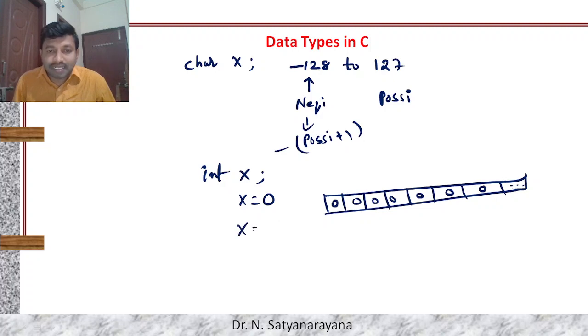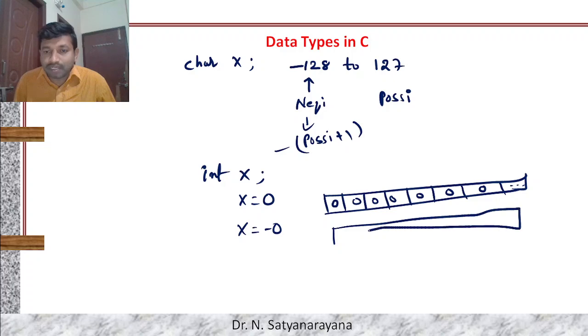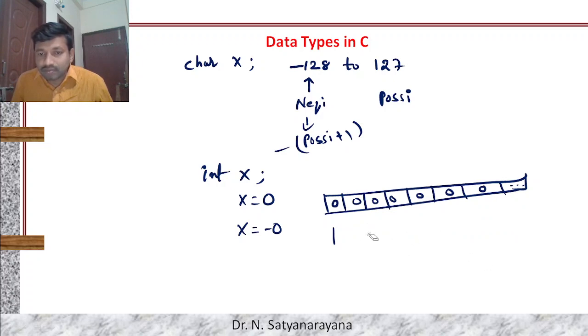And if somebody tries to assign a negative 0, is it possible? It is not possible, but what you need to do, let me erase it. How do you give the negative values?